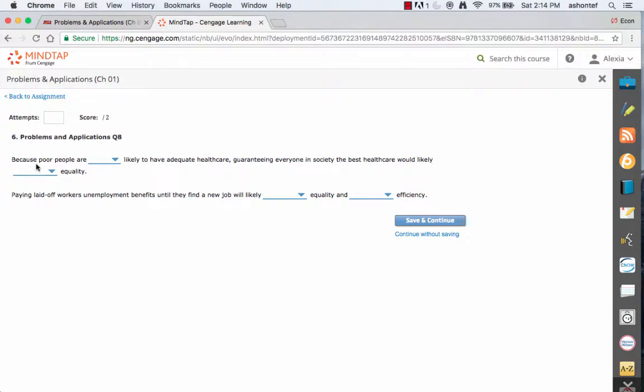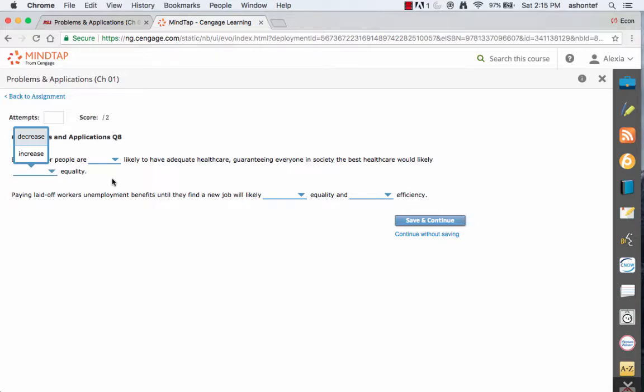Okay, sometimes you'll just have these random statements, so you may have to read these maybe 3 or 4 times to kind of get the gist of it. And I would suggest that as you're reading them, make sure you click on the arrows and see what the options are. So it says, because poor people are blank, so it could either be less or more likely to have adequate health care, guaranteeing everyone in society the best health care would likely, again, blank, either decrease or increase equality.